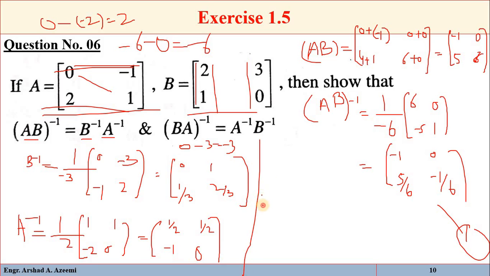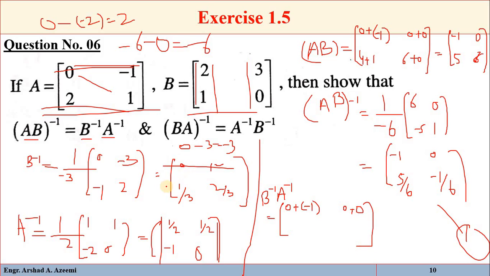Now find out the product of B inverse multiplied by A inverse. So it is equal to first row with first column, so 0 multiplied by 1 over 2, that is 0, plus 1 multiplied by minus 1, so it is minus 1. Now first row with second column, so 0 multiplied by 1 over 2, that is 0, plus 1 multiplied by 0, so that is 0.